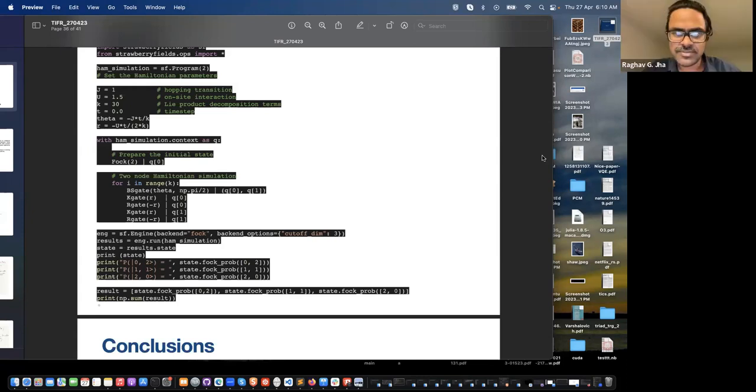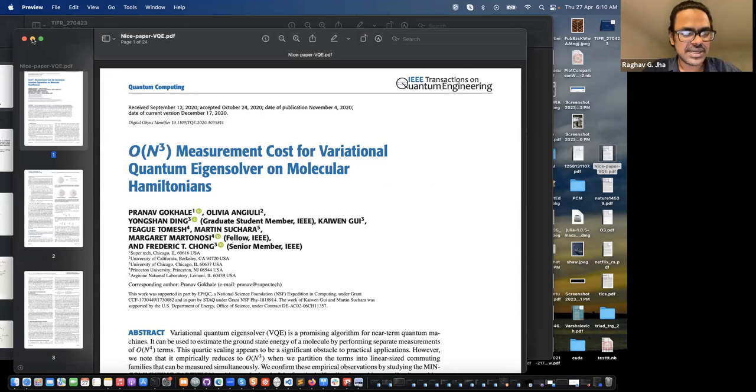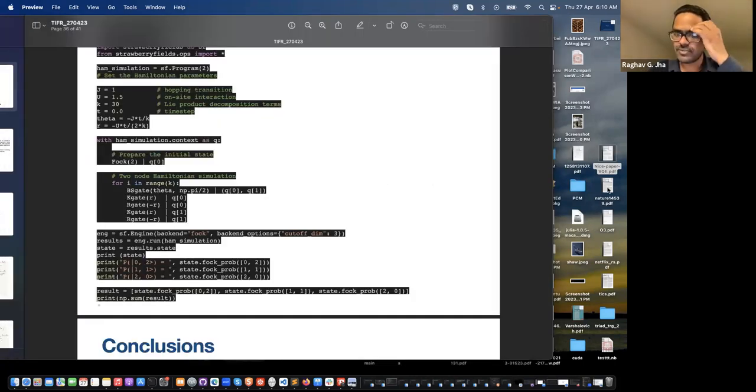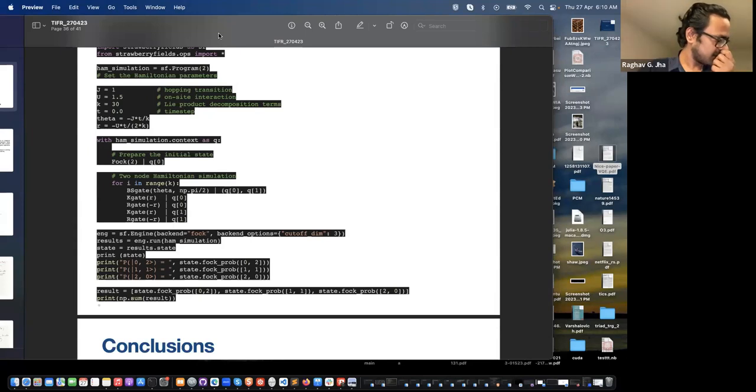Yeah. There are some papers which people have written, but I don't know whether any computation which cannot be done classically has been done with VQE. I don't know the answer to that. Sorry, like some transition matrix element or something? Yeah, I don't think people have looked into that yet.